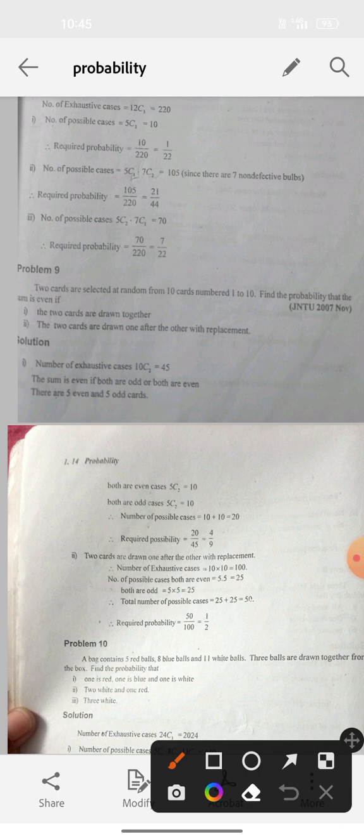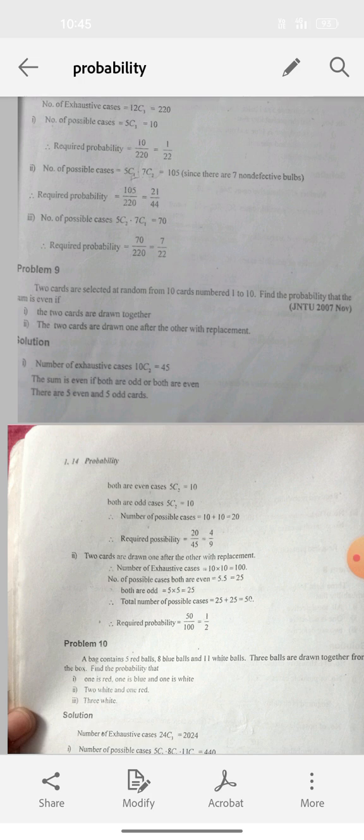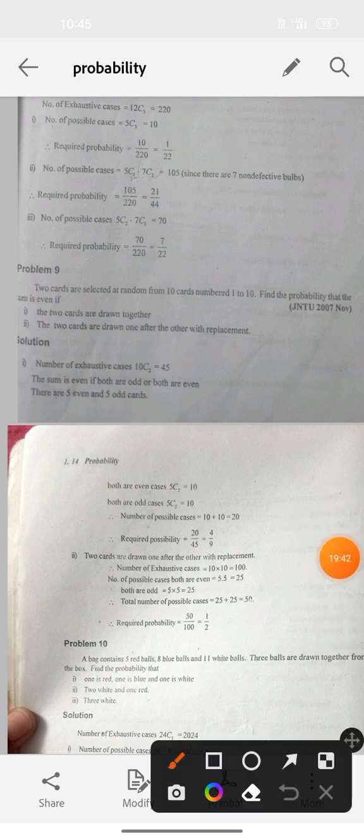Now the solution. Number of exhaustive cases. So selecting 2 cards from the pack of 10 cards, 1 to 10, is 10C2 of course, right? So you will get 45. The sum is even if both are odd or both are even. You have to find this, the sum has to be even. So if you add up any 2 even numbers, you will get an even number.